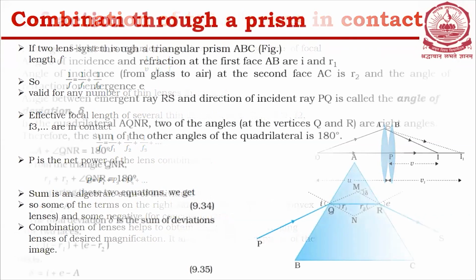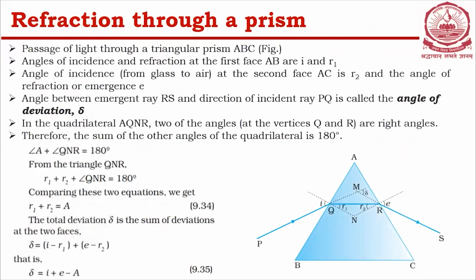Now we will move on to refraction through a prism. Why do you need a prism? It is just for getting dispersion. You can see this triangular prism ABC. A particular light is incident on this face, and this is air medium and this is glass.